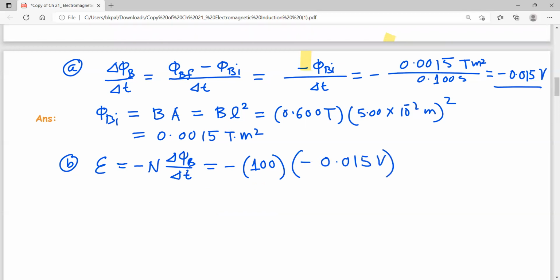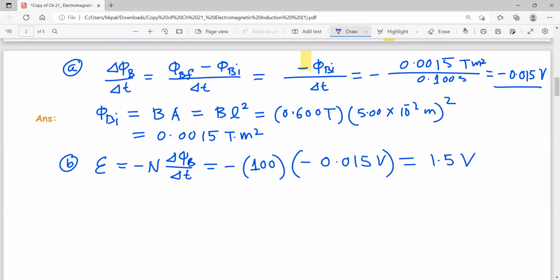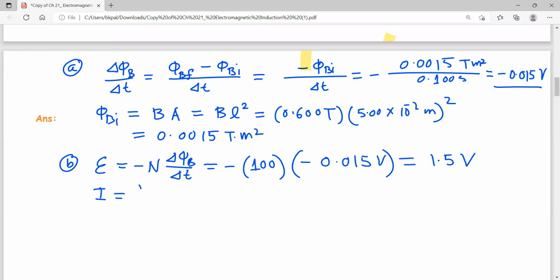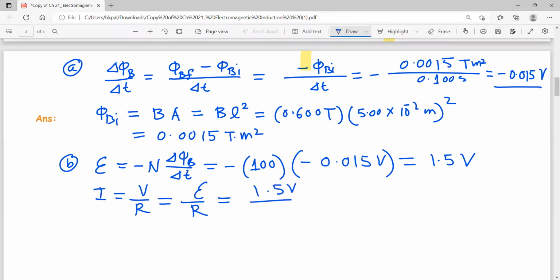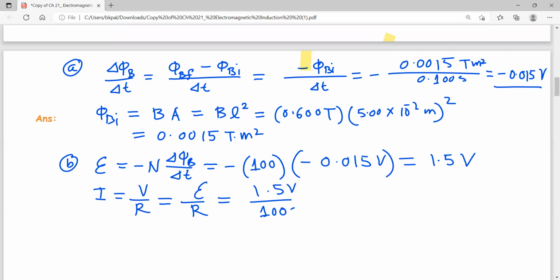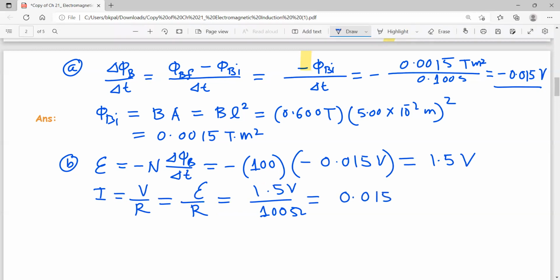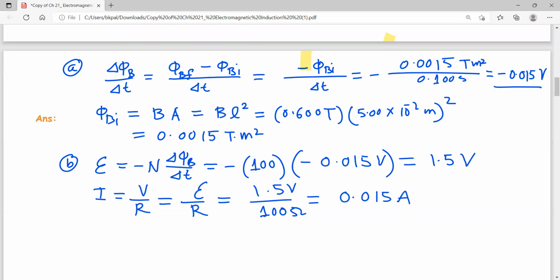Then the minus cancels out, and we have 1.5 volt. The current is from Ohm's law. So the induced EMF is 1.5 volt and R was 100 ohm. So the current will be 0.015 amp, right?